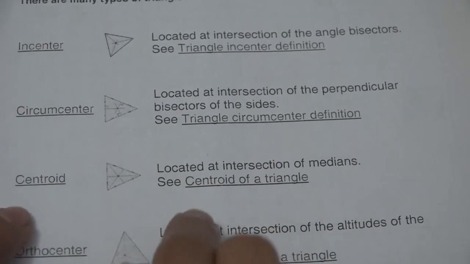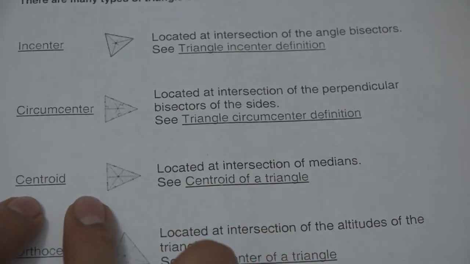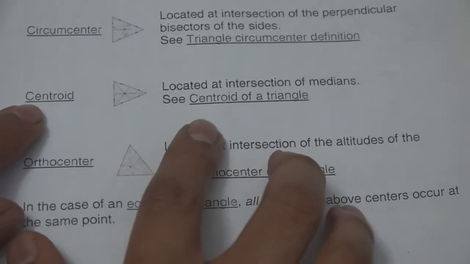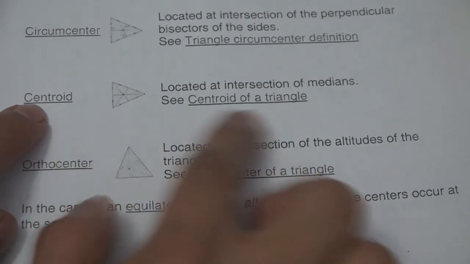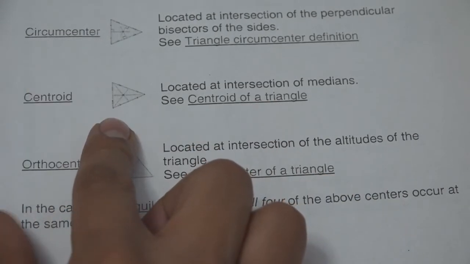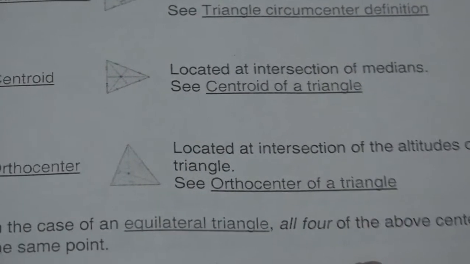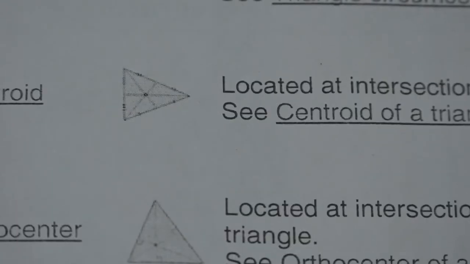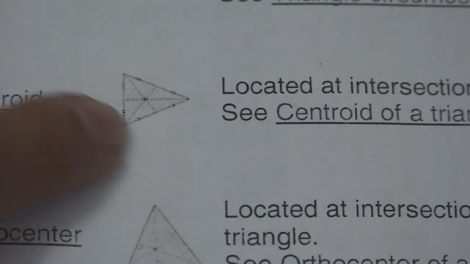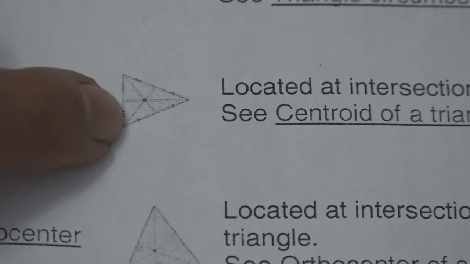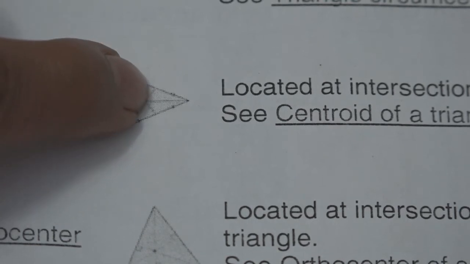Okay, let's go here. The centroid. The centroid is the intersection of the medians. Now, why is this important? When we did the construction part, we were constructing the medians, and we noticed that this part right here, the one that goes from the vertex to the intersection, is twice as long as the other part of the segment. This right here is twice as long as this part.